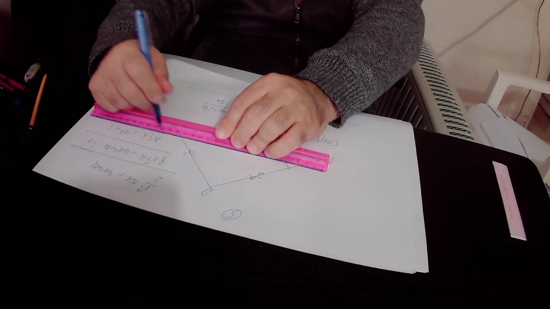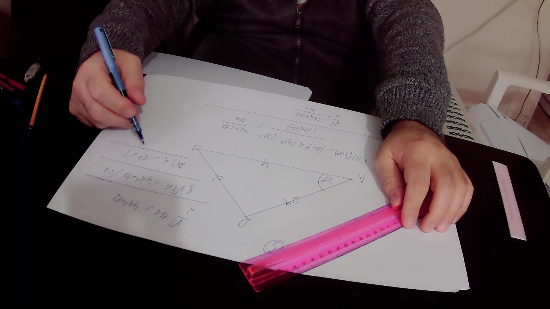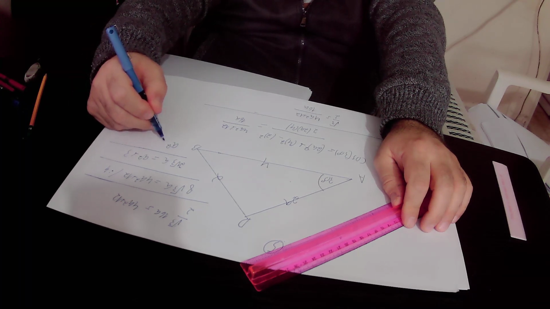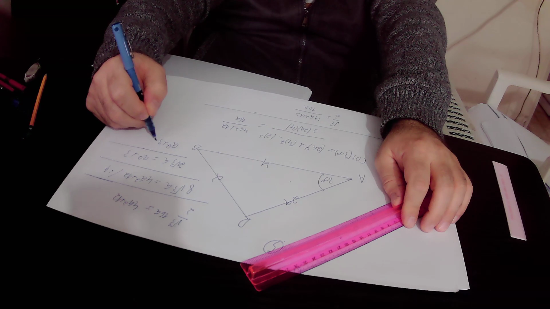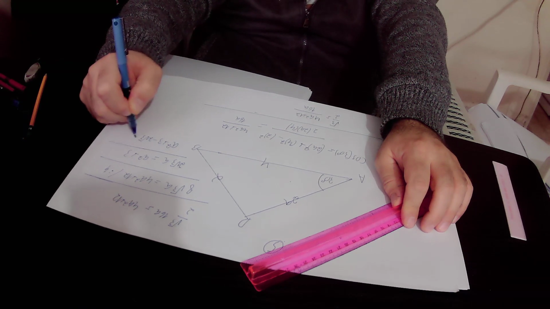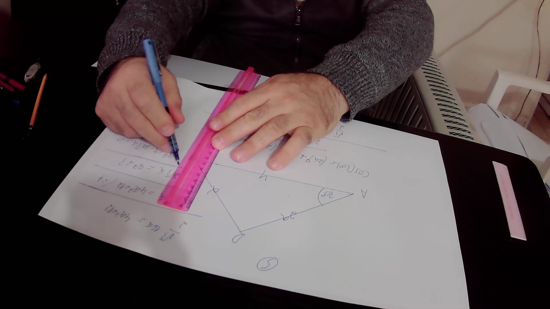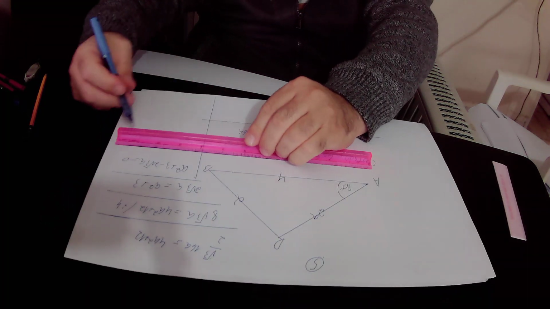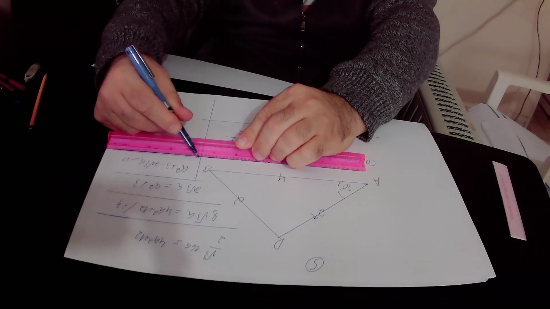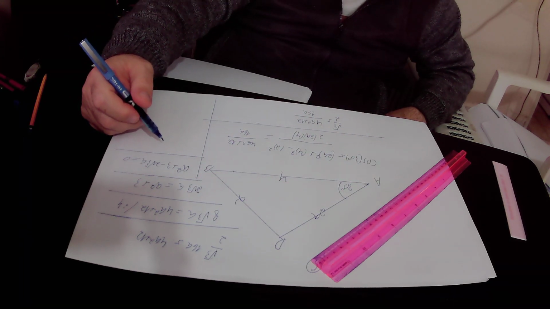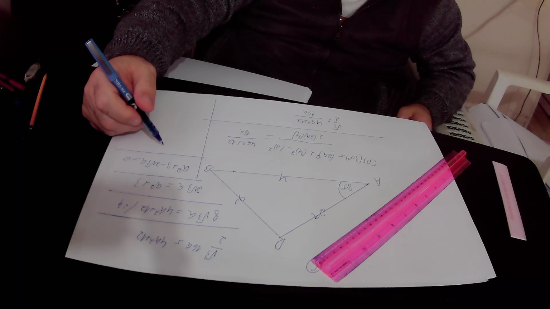Here we will subtract 2 times square root of 3a from this equation, and we will get that a squared plus 3 minus 2 times square root of 3a equals 0. We will substitute 3 by square root of 3 squared, because square root of 3 squared equals 3.